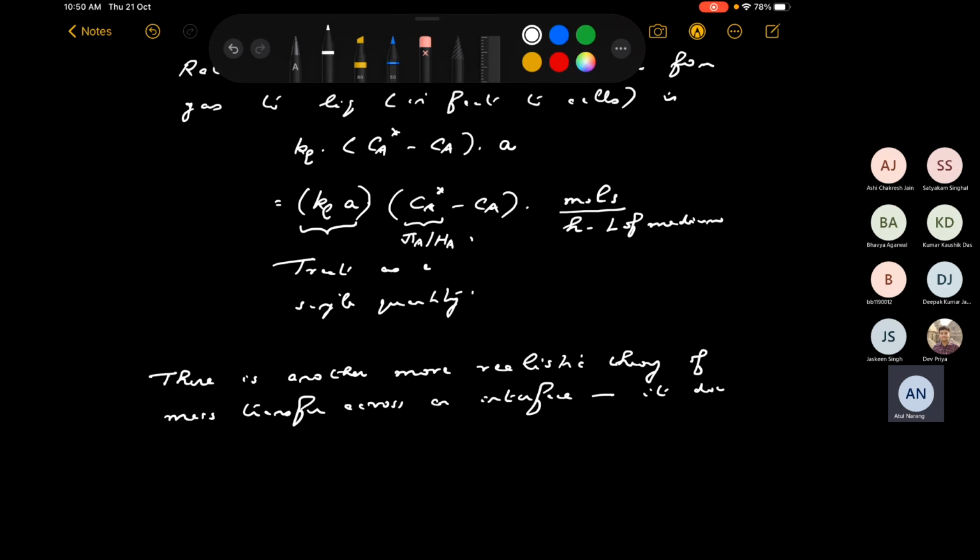It does not assume steady state. This theory is called penetration theory.